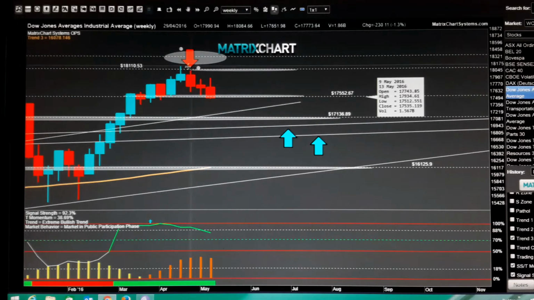So it has formed a bearish chart pattern in the shorter time frame, lower low and lower high.